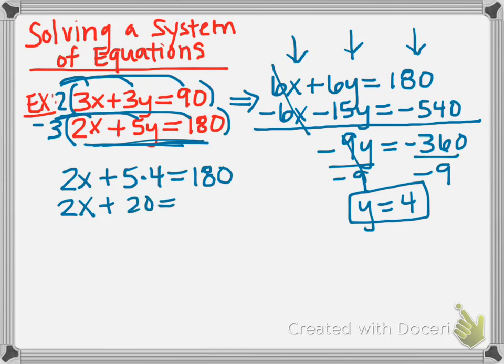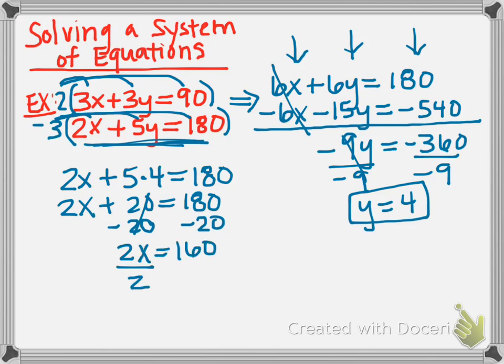I'm going to move my 20 to the other side. So 2x equals 160. If I divide both sides by 2, x equals 80. And I have just solved for the value of both my x and my y.